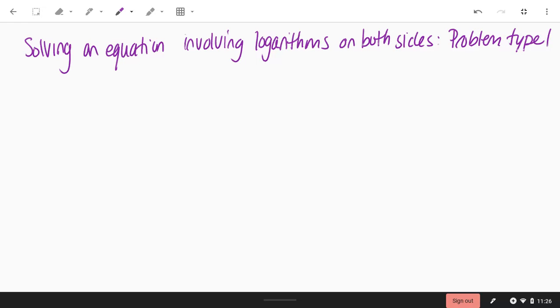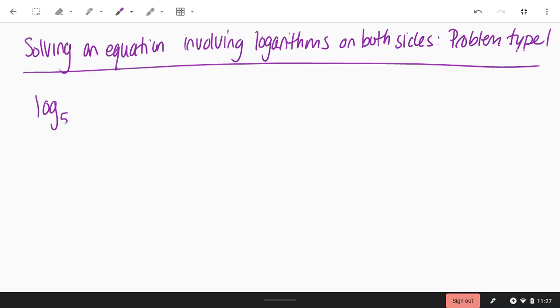Okay, so this one, they're going to have to be the same base. Okay, so we want to try to get your logs together, so that we can use our properties of logarithms to do that. So log base 5 of x plus 8 equals 1 minus log base 5 of x plus 4.